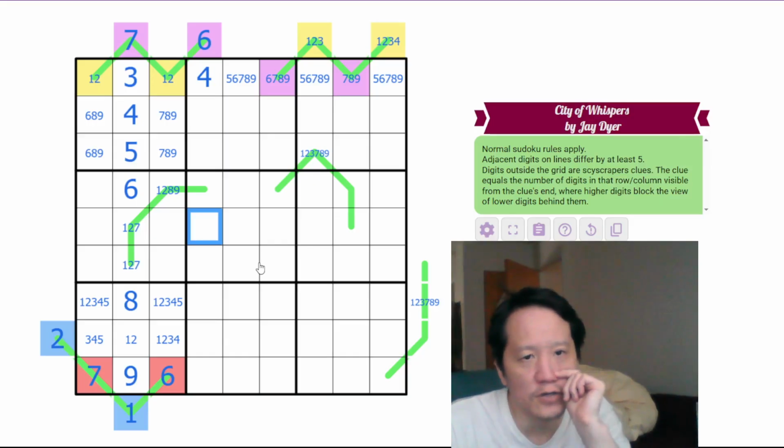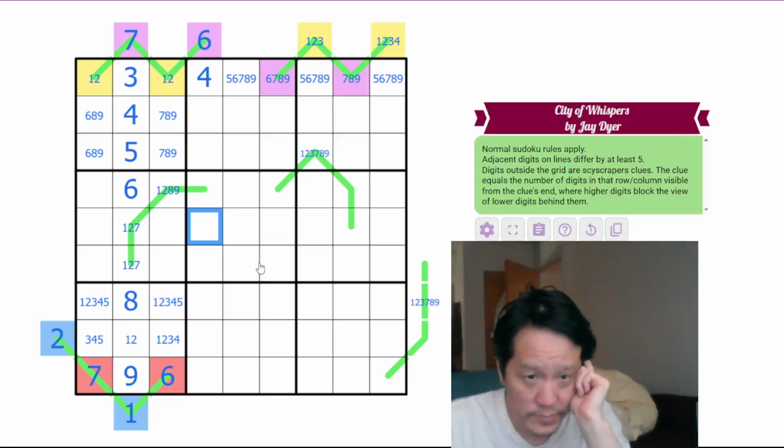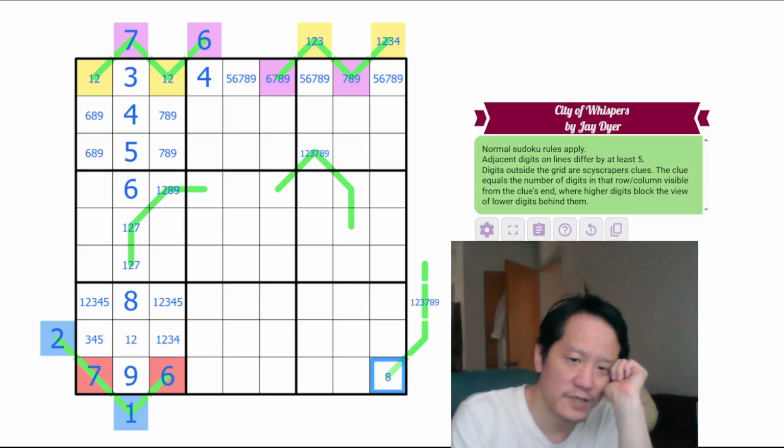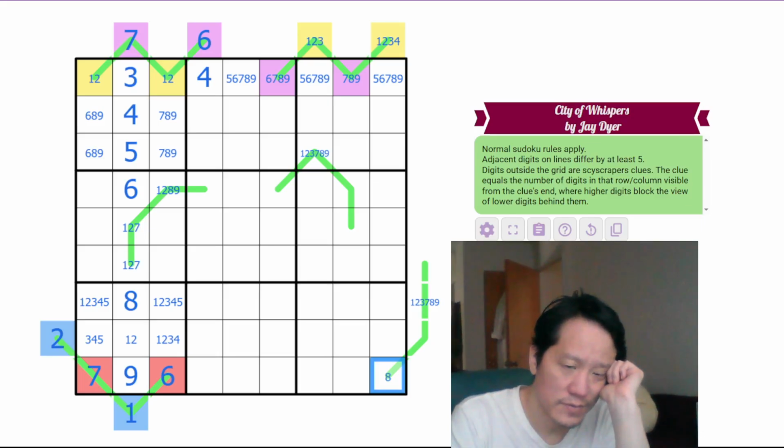So far, this is looking okay, right? This sees 2. This sees 1. If this is high, it's an 8. If it's low, it could be 1 through 4.